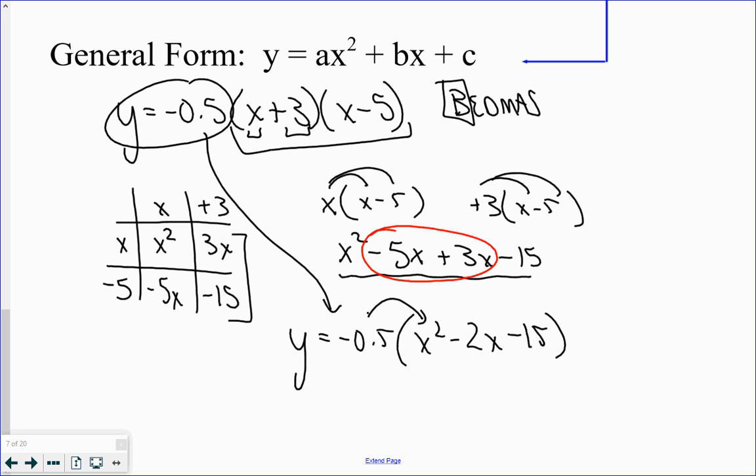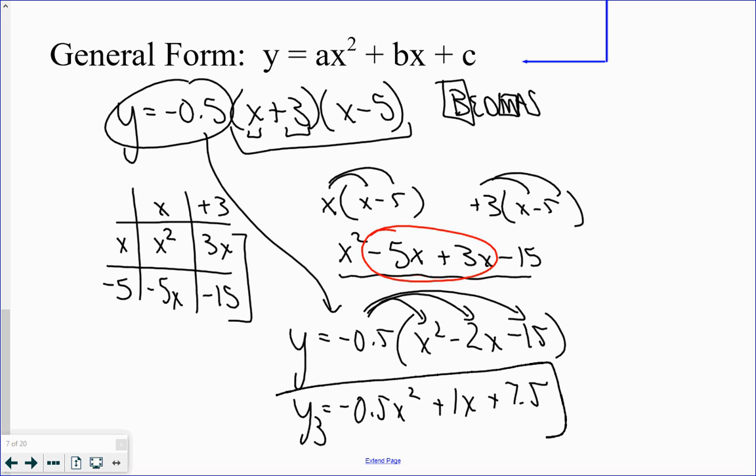And what I'm going to do is multiply this negative 0.5 through, right? Because brackets come first, and then multiply comes second. So we've got negative 0.5x squared plus 1x plus 7.5. And what you could then do is plug this into y3, and again, what should happen?